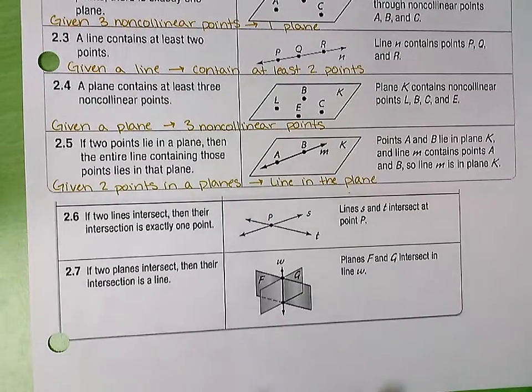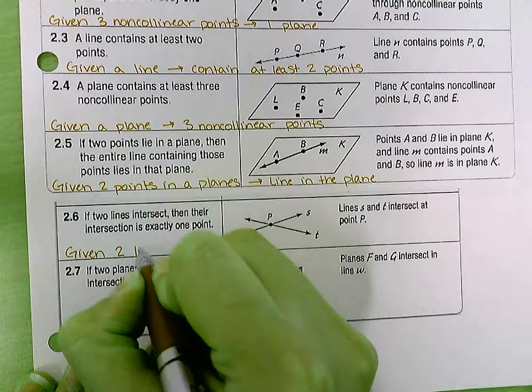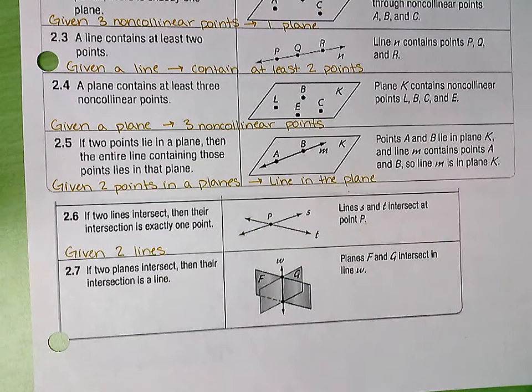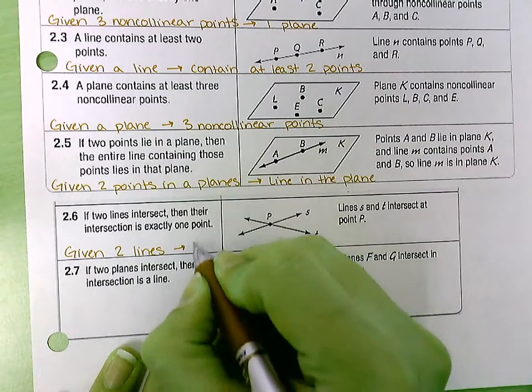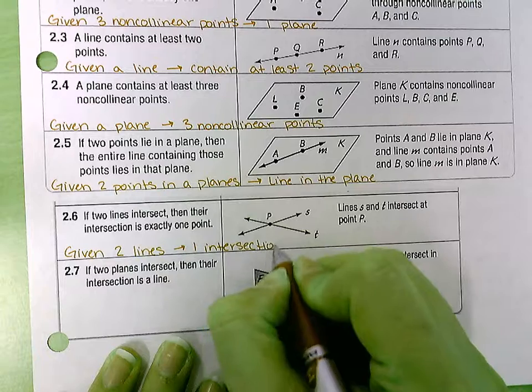Next is 2.6. If 2 lines intersect, then their intersection is exactly 1 point. So if you're given 2 lines, there is 1 intersection point.